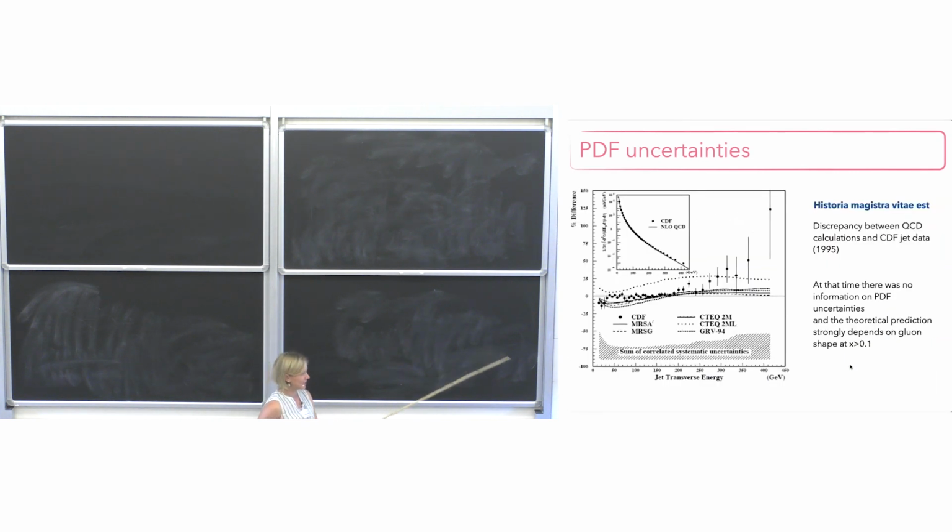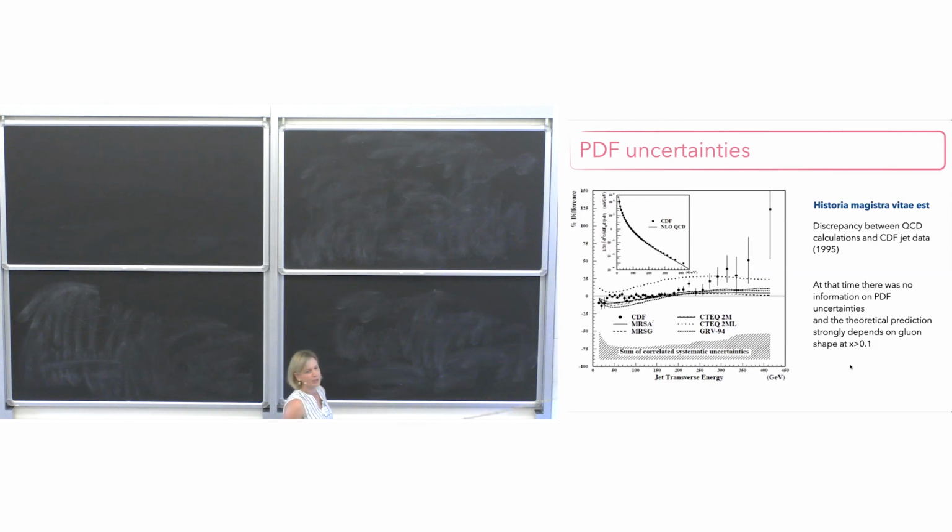And the other thing, which is what I'm mostly interested in at this moment in my research, is that history teaches us something. In 1995, when there were some jet data at CDF, there was a big discrepancy between the QCD calculations and the data, okay? So it was as if there was a bump at large jet transverse energy.